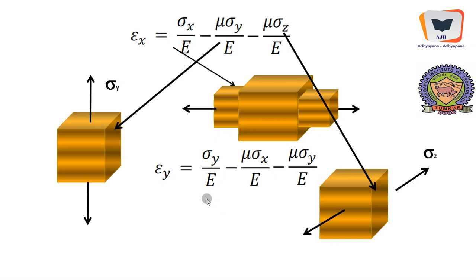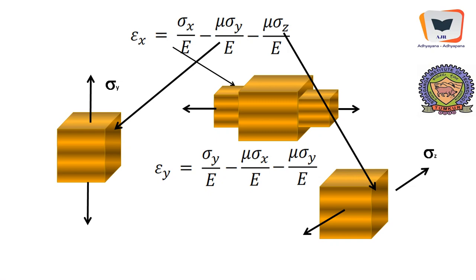My respected viewers can draw a sketch and visualize why this is to be minus and why this is to be minus. In general, if you consider strain along a particular direction, and if the stresses along other directions happen to be tensile, it is going to reduce. That is for a reduction.